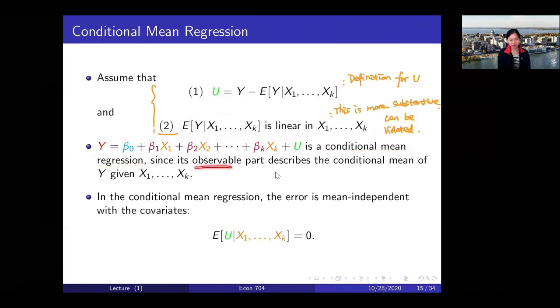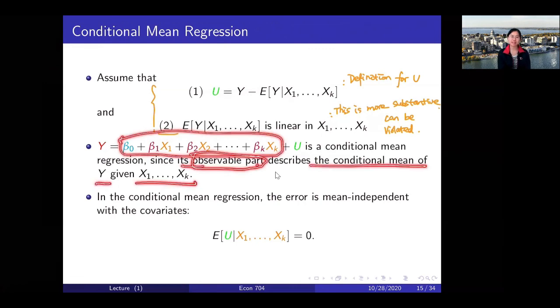And the observable part, which is the part that has only the x, not the u, describes the conditional mean of y given x1 to xk.